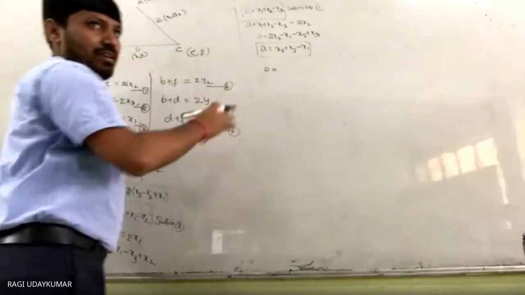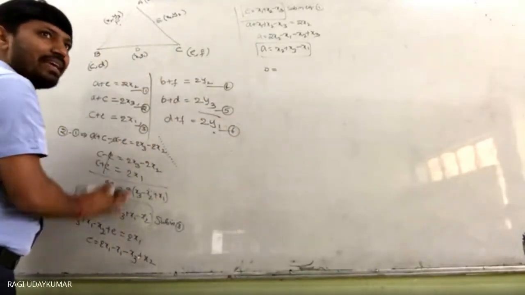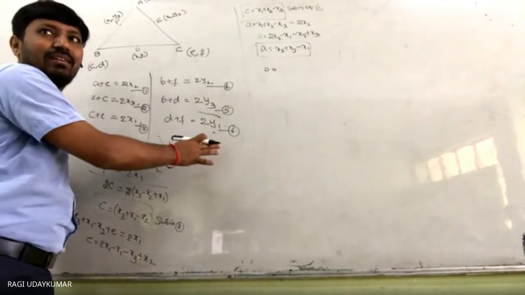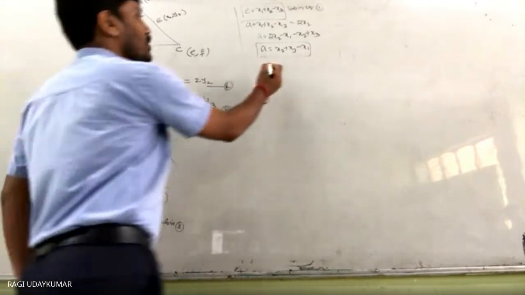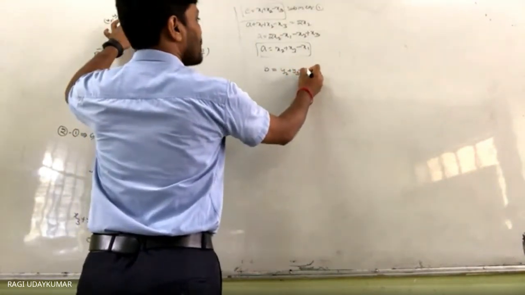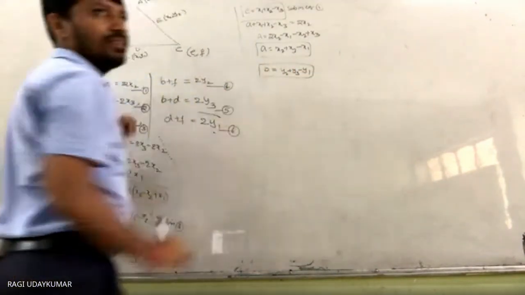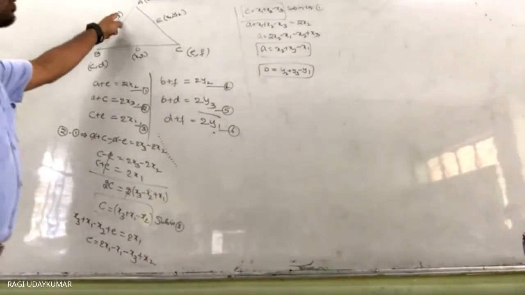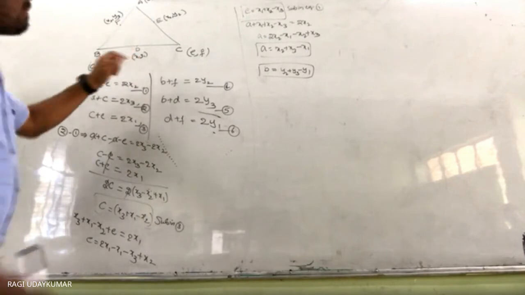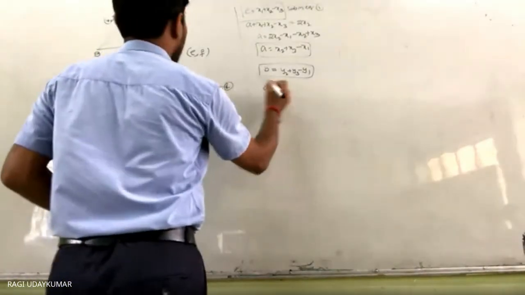In the same way, as we did the A, C, E values, we considered these 3 equations as 4, 5, 6 and you find it. So B you are going to get as y2 plus y3 minus y1. And next D value. D is equals to what you get here?